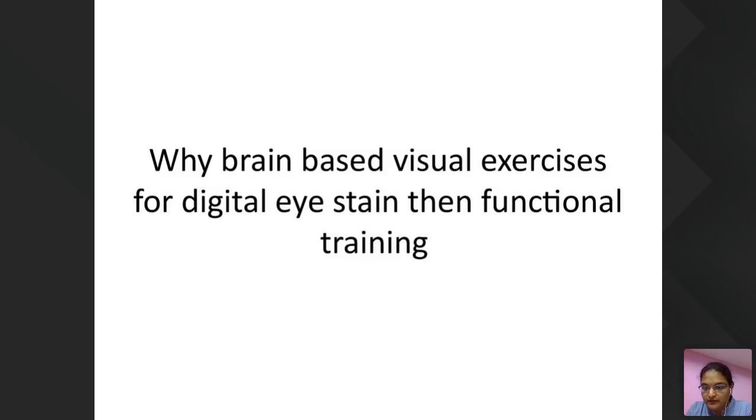Initially we close the dominant eye, and with the non dominant eye we play any ball game, throwing a ball, or catching the ball, like that.